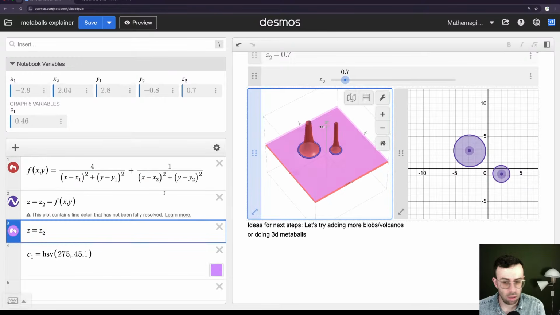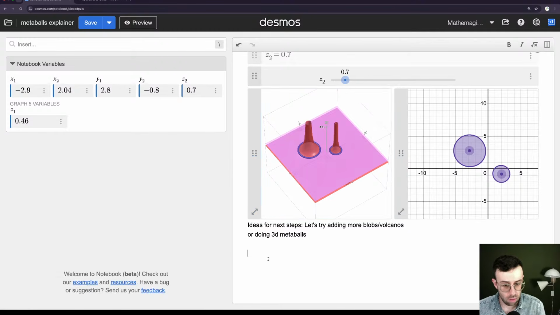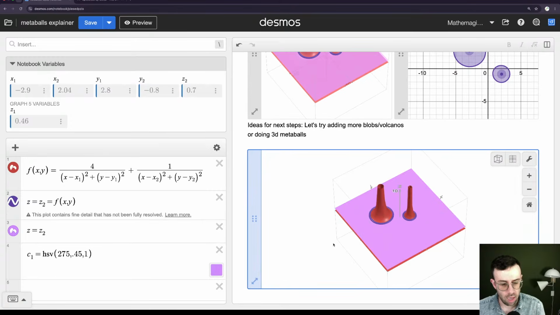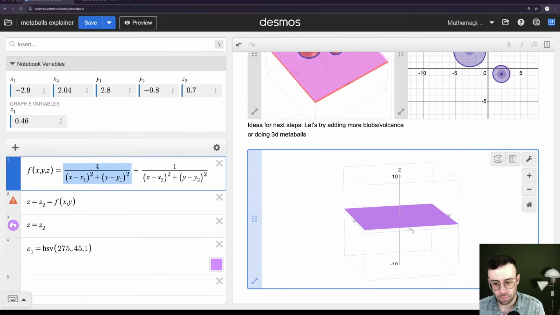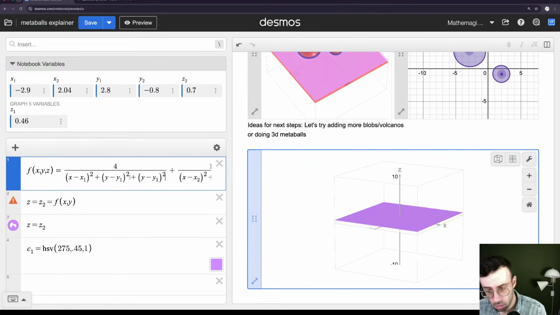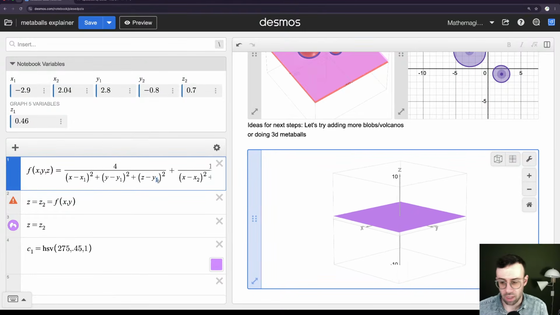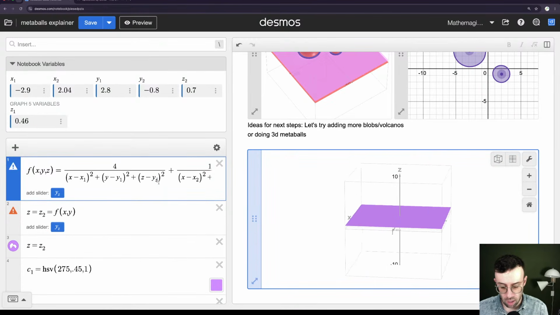Let's do it. Okay, let's copy the equation. Let's copy this graph, and instead, let's add a Z component. It's probably like a 4-dimensional volcano. Oh, it's not going to be Z1. I guess I'll call it Z3.